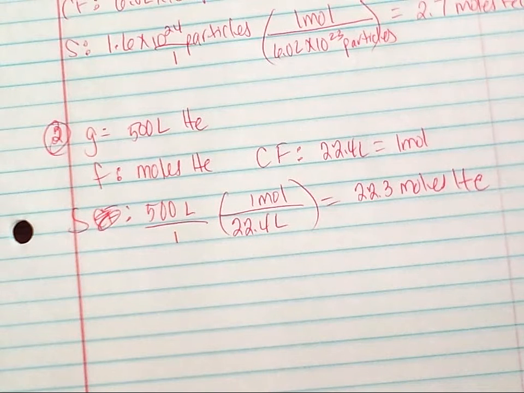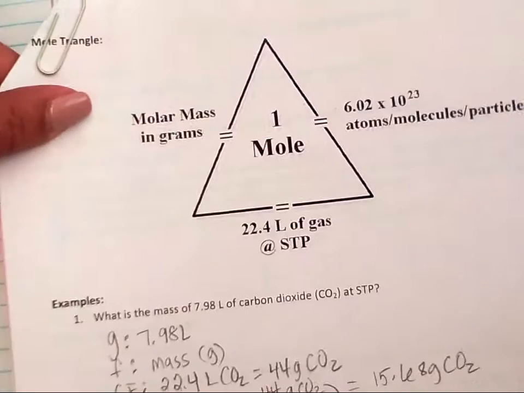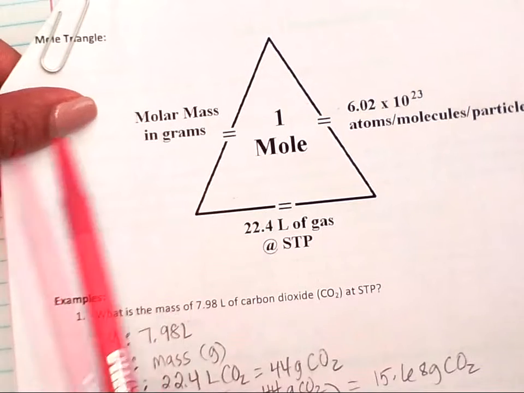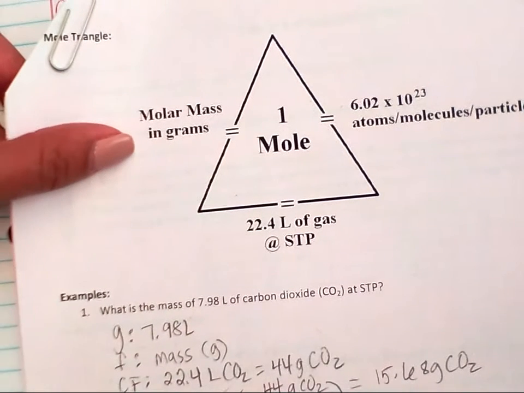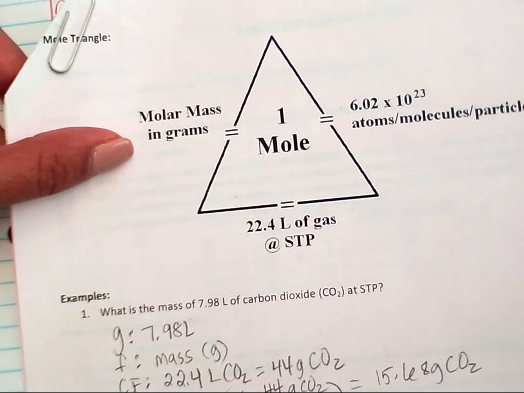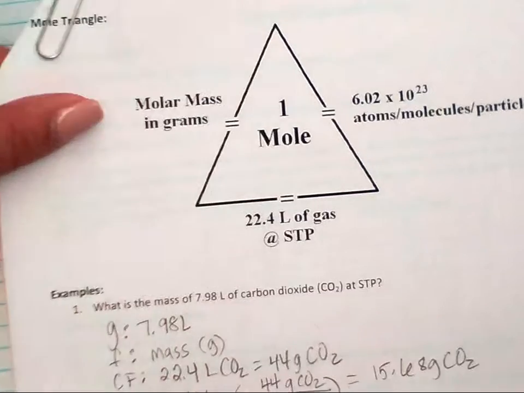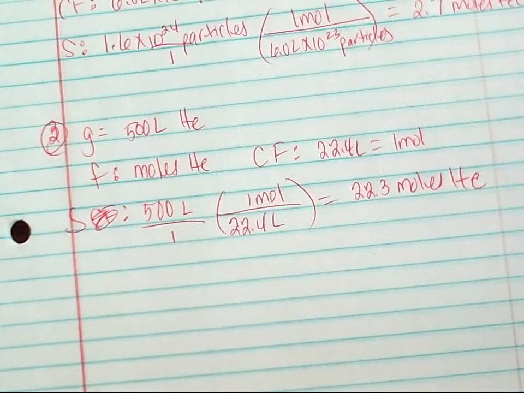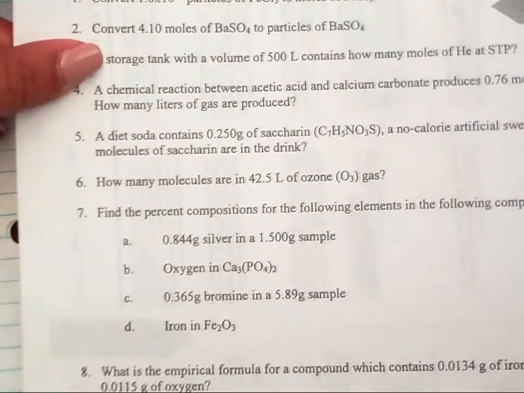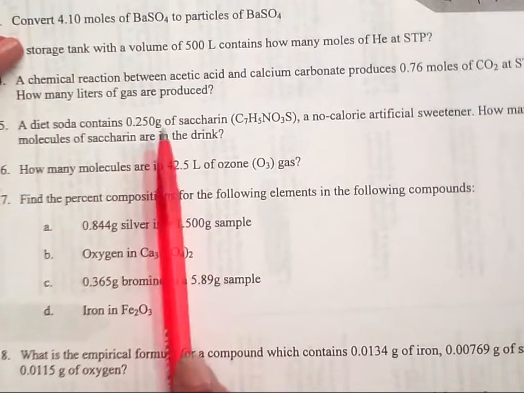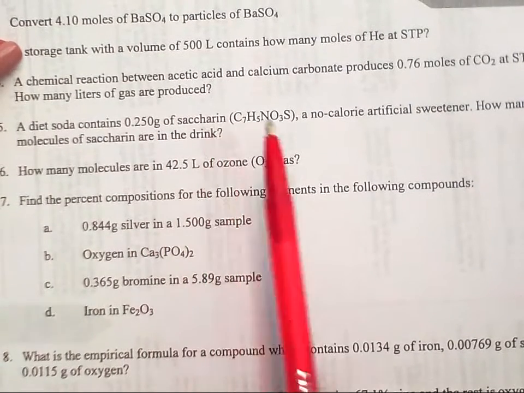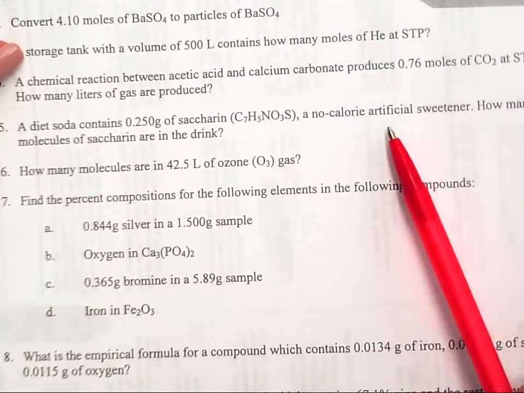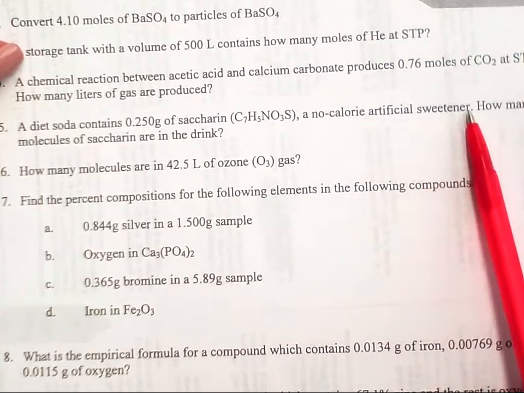I think you guys need help with number 5 because it has molar mass, and some of you are forgetting that when it comes to molar mass, you're supposed to find the molar mass, which is where you add up all of the atoms from the periodic table. So let's try one of those for number 5. It says a diet soda contains 0.25 grams of saccharin, no calorie artificial sweetener.